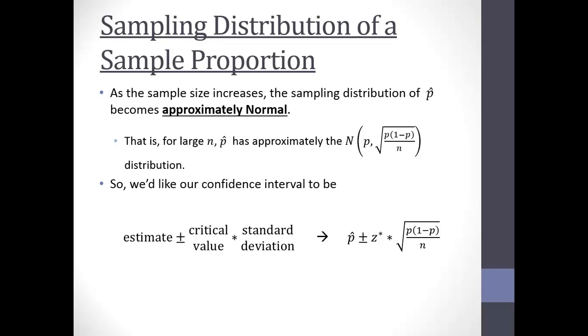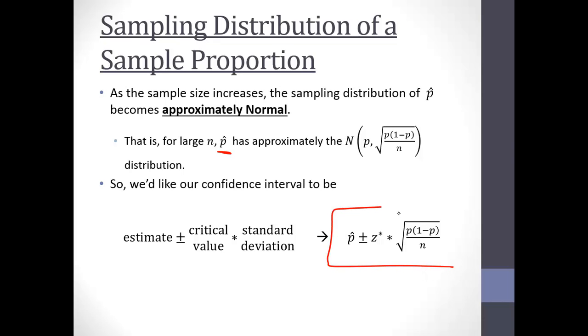And taking that one step further, when our sample size is large enough, so once again we're concerned about having a large enough sample, then our sampling distribution for P hat is going to be approximately normal. So we're back in a familiar situation that we know how to deal with. When we're thinking about a confidence interval, our general form is an estimate plus or minus some critical value times the standard deviation.